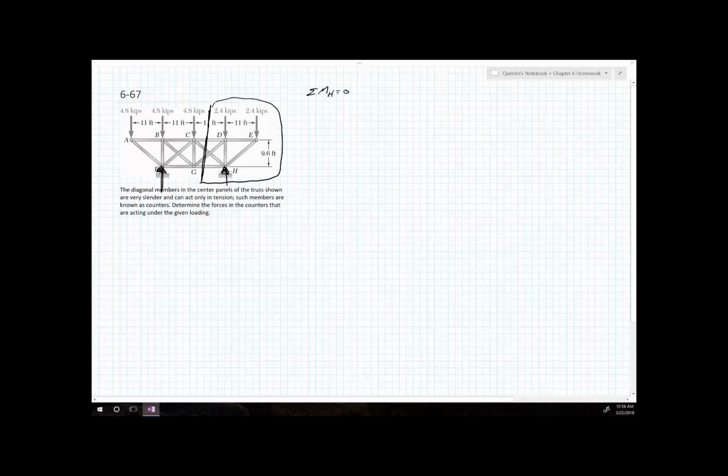equals 0. If we do that, you have 4.8 times the distance, so 1, 2, 3 times 3 11s, plus 4.8 times 3 11s. Sorry, there's 2 11s on that one. And then plus 4.8 times 1 11.